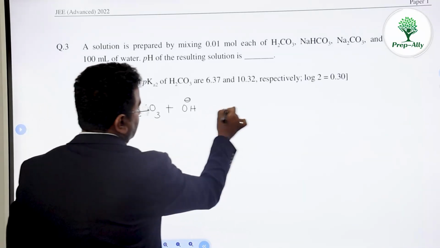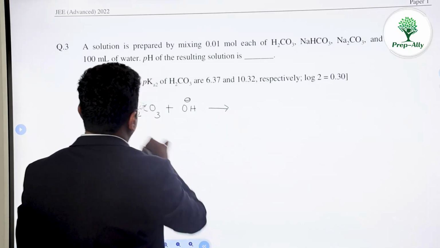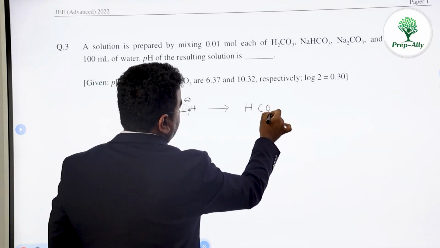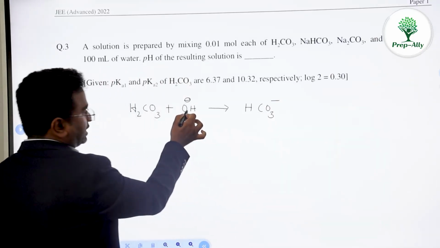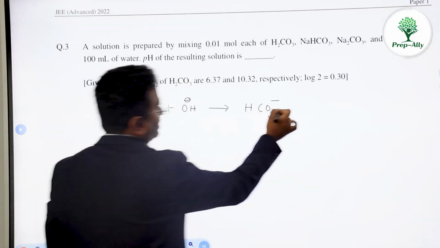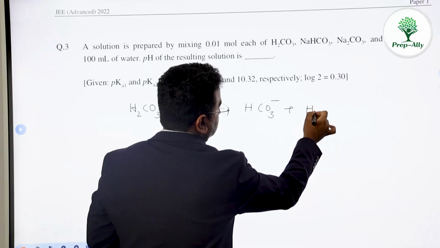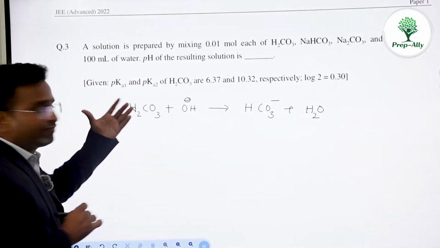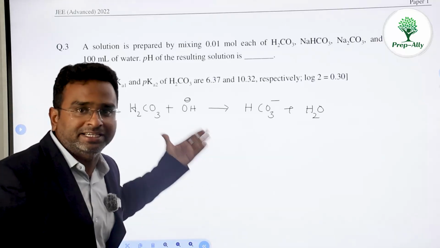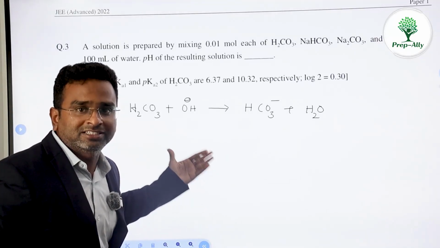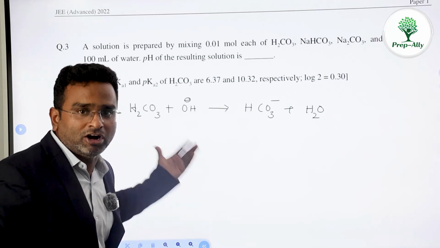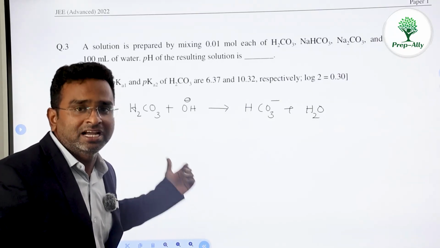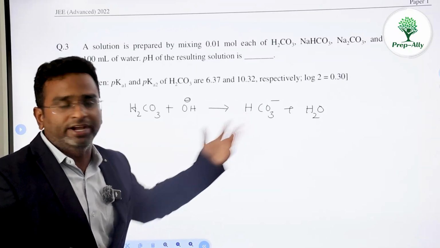So OH- takes up the H+ from H2CO3 and forms HCO3-, and the OH- captures the H+ and forms H2O. So this is the first reaction that takes place in the given mixture: the strongest acid among all the given species, carbonic acid, undergoes first acid dissociation and reacts with the OH- ion.